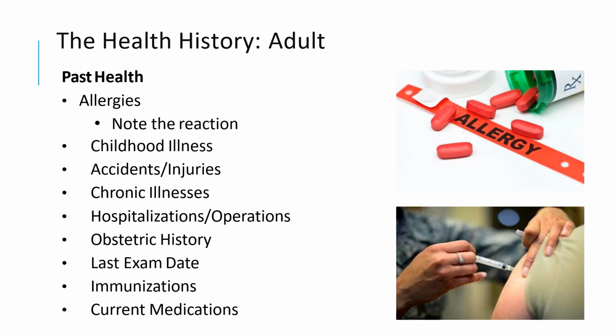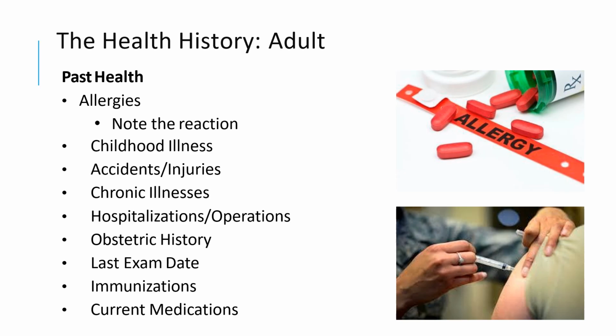Any childhood illnesses. This could be measles, mumps, rubella, chicken pox, rheumatic fever. We need to know about any of these. Accidents or injuries. Any head injuries, concussions, auto accidents, fractures, any chronic illnesses.